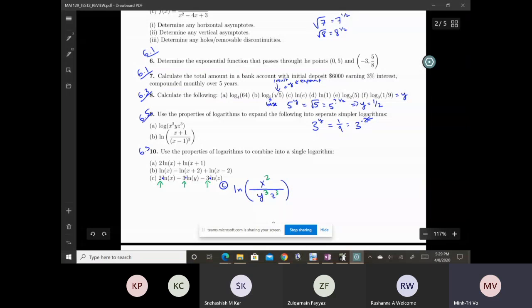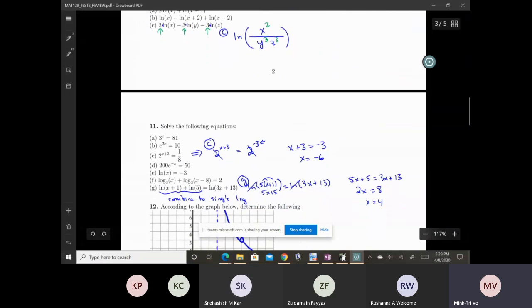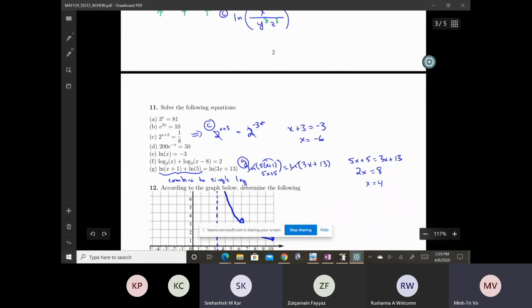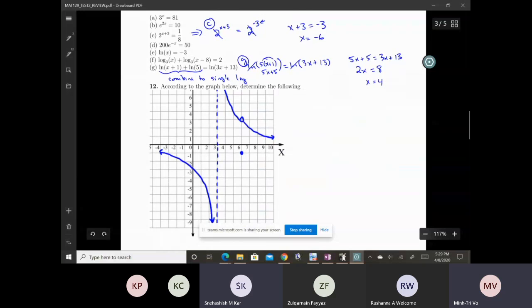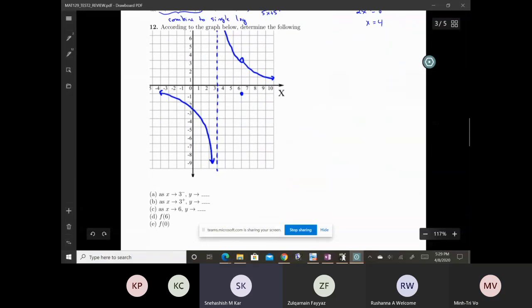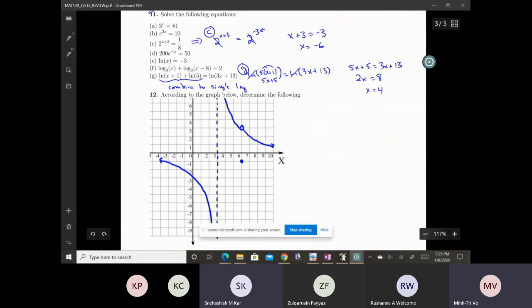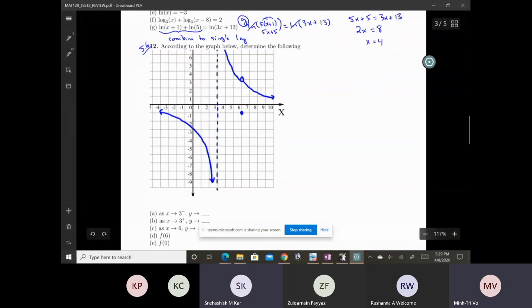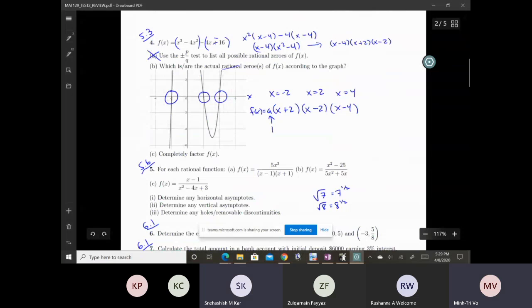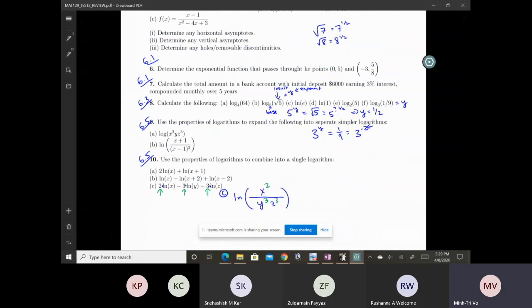This is also 6.5. 10 is 6.5. 11 was 6.6. 12 is 5.6. And 8 was 6.3, right? Yeah, 8 was 6.3.